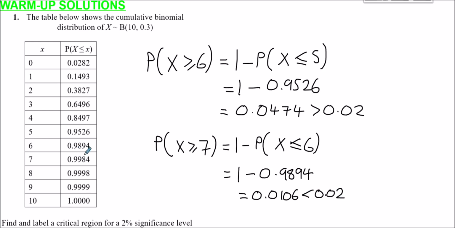Therefore, x being equal to 7 is our critical value. Our critical region is therefore x being equal to or greater than 7.